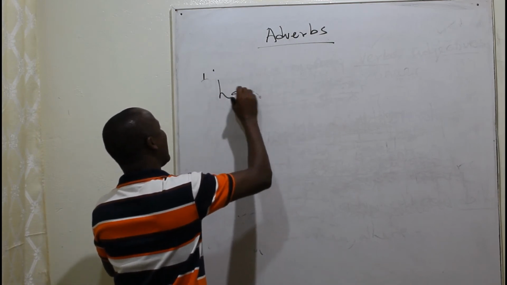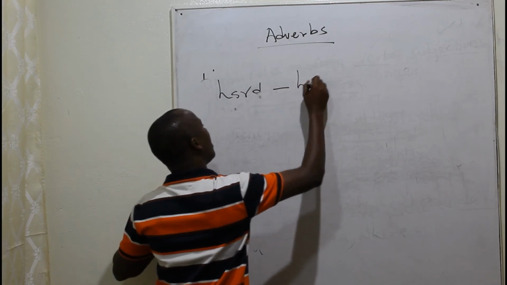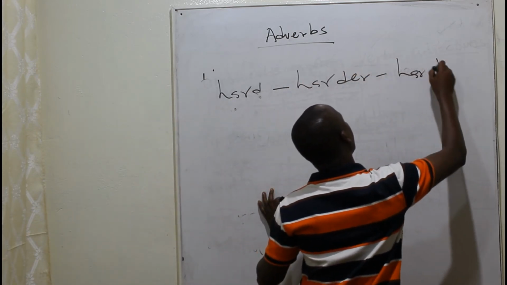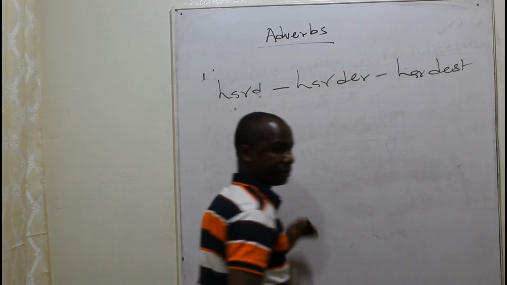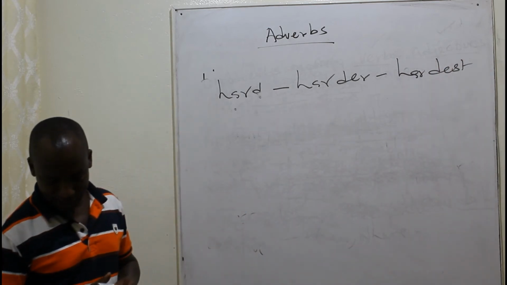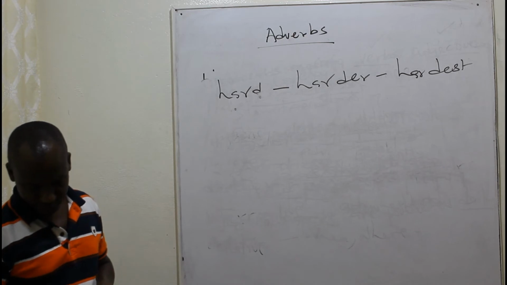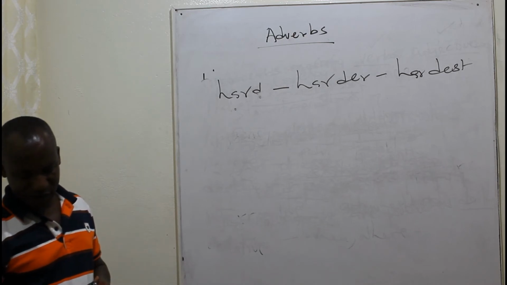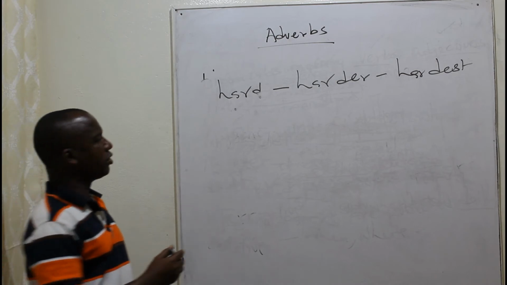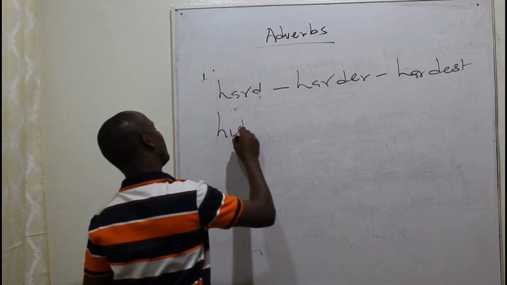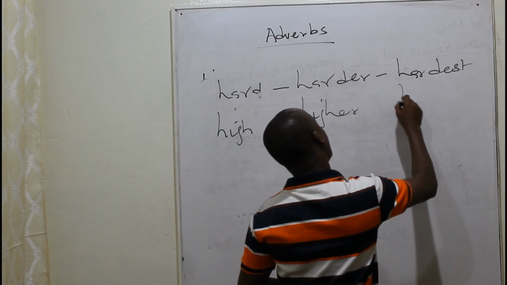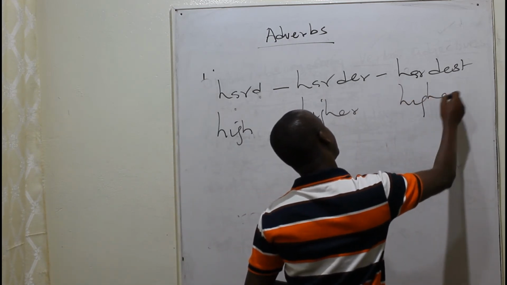So, you have hard, you have harder, and then have the hardest. So you get hard, harder, hardest by adding the ER or EST to it. So you get high, higher, highest.